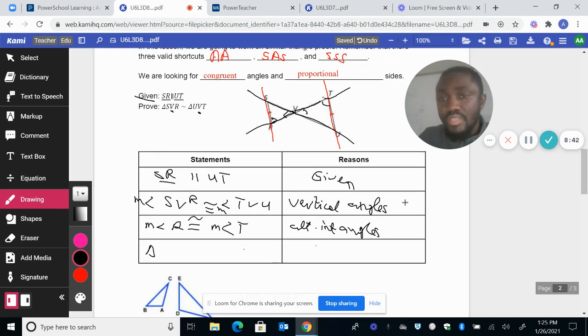Then we can say that triangle SVR is similar to triangle UVT by angle-angle, because we had one angle here and one angle here. We don't need to prove the third angle.